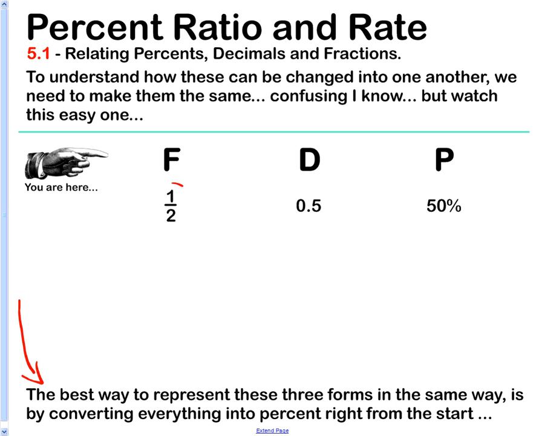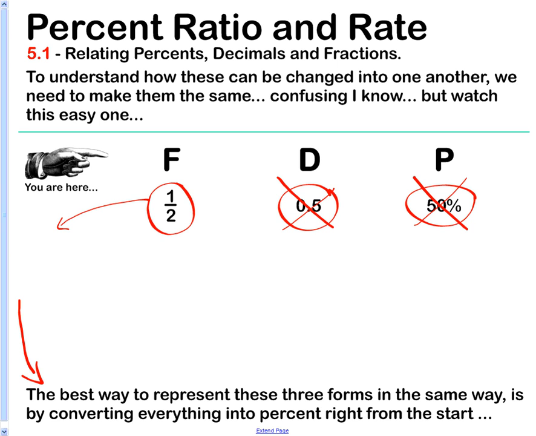Here we have the answers, what these are equivalent to, as we discussed in the last example. I would take my fraction and I would convert that into a percent. If I didn't know these right now, I would convert this fraction into a percent. How I would do that is I would turn that bottom denominator into 100.